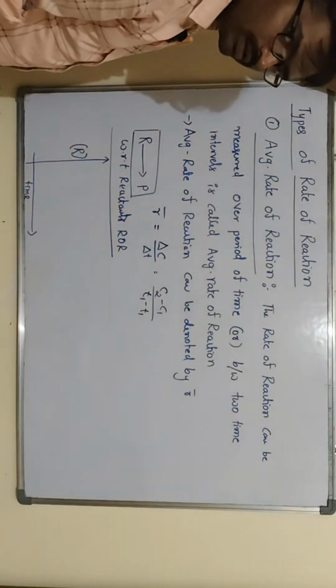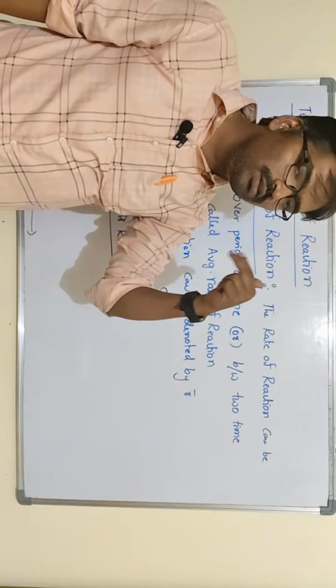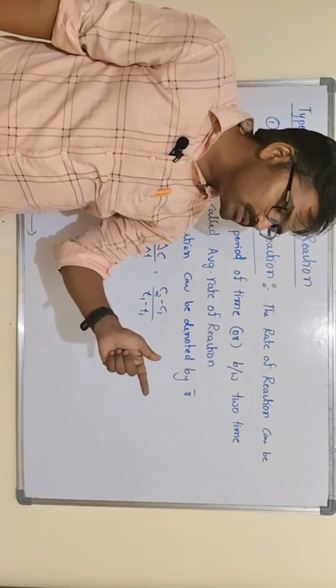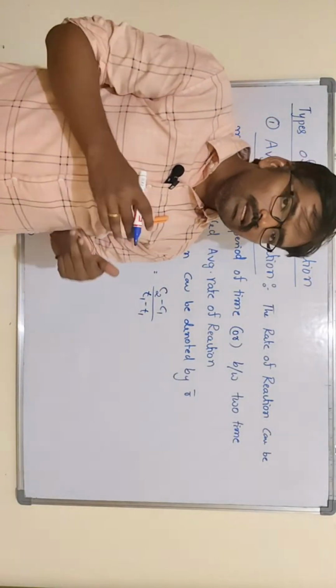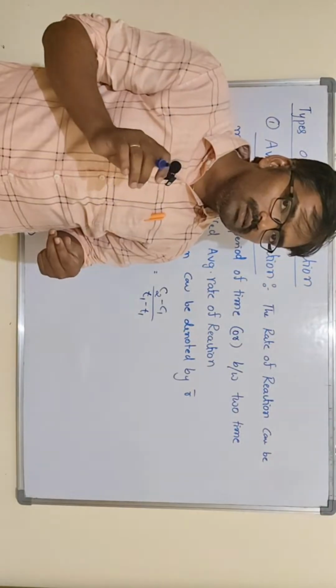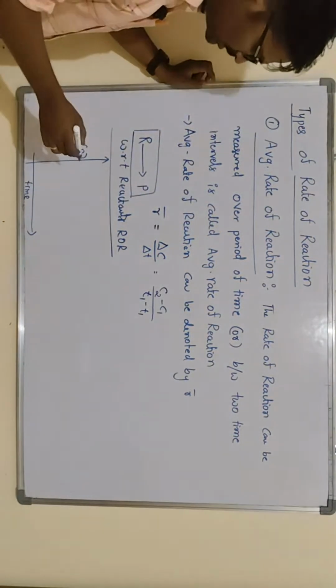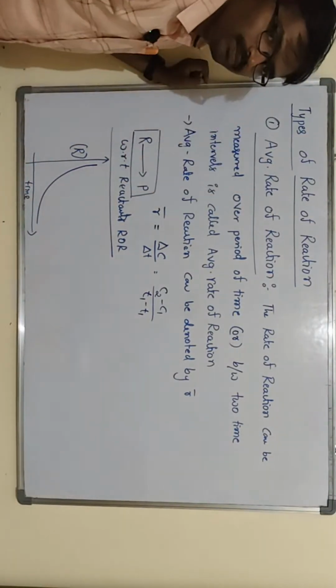we know that with respect to the reactants, the concentration of reactant will decrease. With respect to products, the concentration of product will increase. This increase or decrease is exponential. See, my dear students, here the decrease is like this.